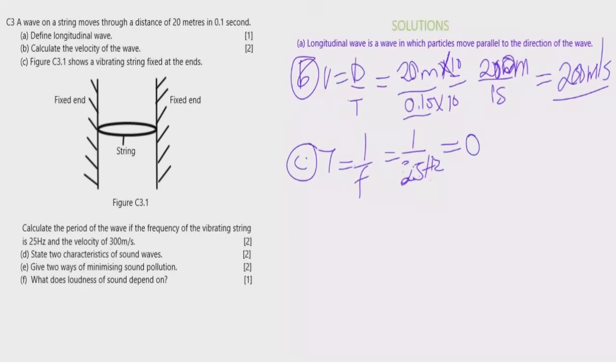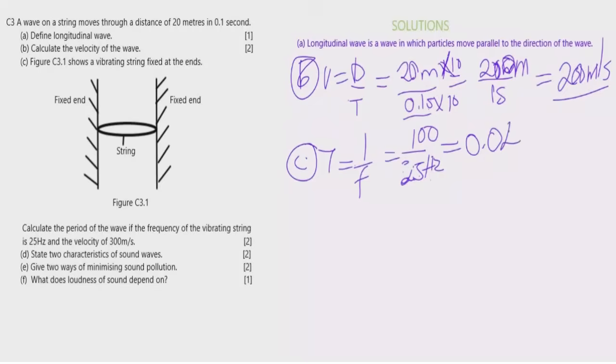Okay, so what we're going to do, we're going to add 0 to 1 and put a decimal point here. Then we see how many times can 25 go into 10? It will go 0 times. Then we add 0 to 10, then it becomes 100. So how many times will 25 go into 100?